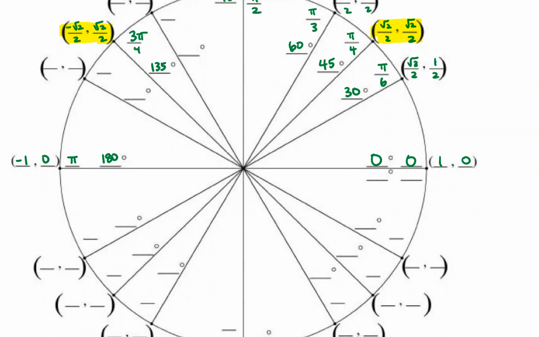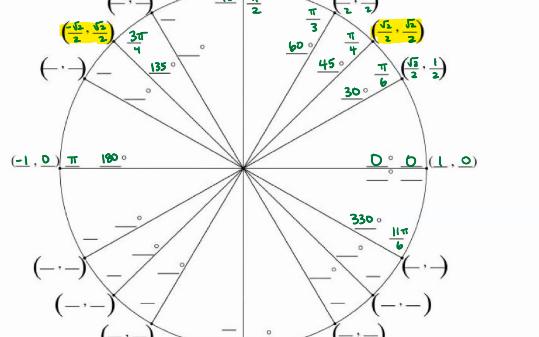Let's choose another one, maybe in quadrant 4. So this here would be 330 degrees, and the radian value for that would be 11 pi over 6 radians.